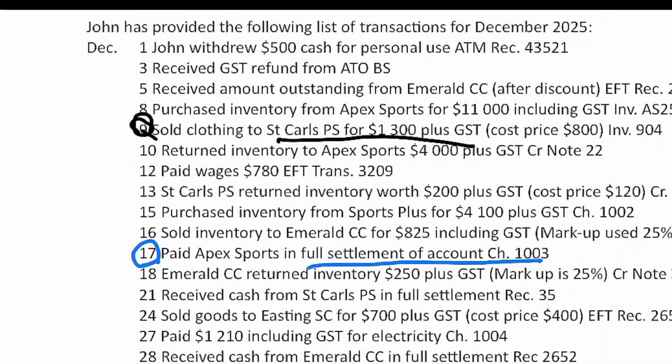Anybody can tell me? Is it 6,600? 6,600. Very good. How did you get it? 11,000 minus 4,400. Very good.